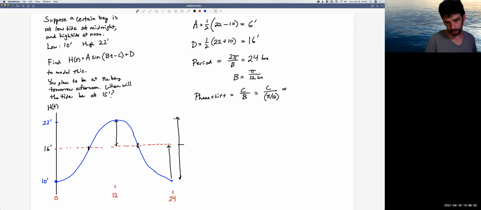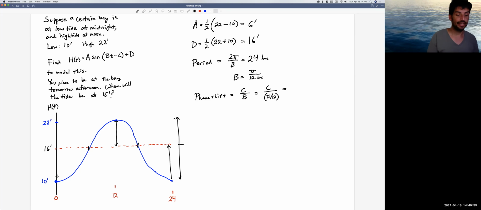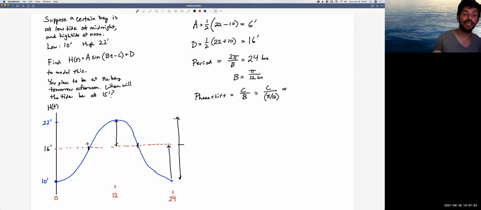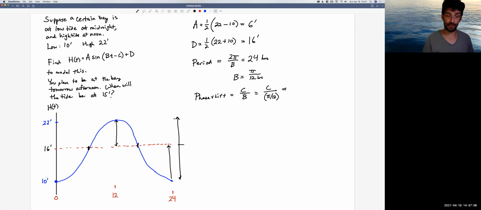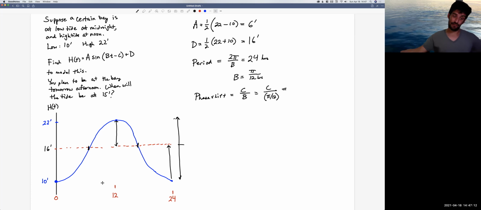Again, my drawing's not perfect, but we know about the shape of sine, and we know that it goes from the bottom to the midline in a quarter cycle, and then in another quarter period, it goes from the midline to the peak, and then in another quarter period down back to the midline, and then another quarter period to the end.